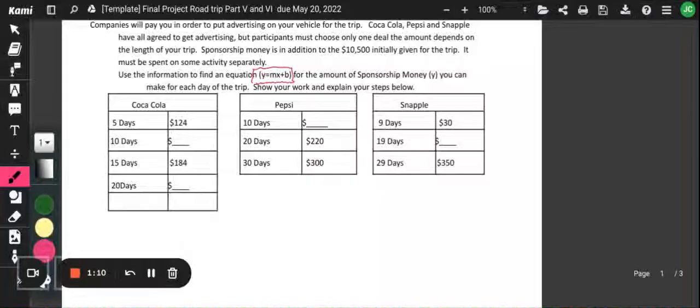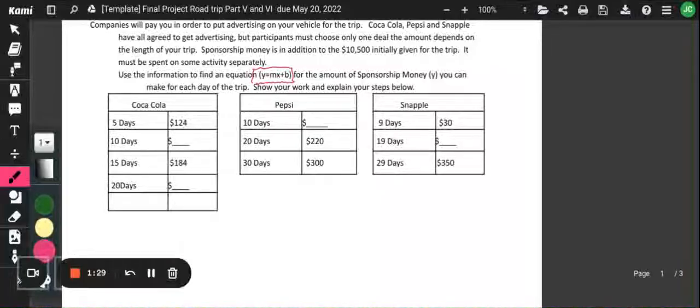And I'm going to do an example with Coke and then leave it for you to do Pepsi and Snapple. And Snapple is a little bit harder just because of the increments on the X side of things.